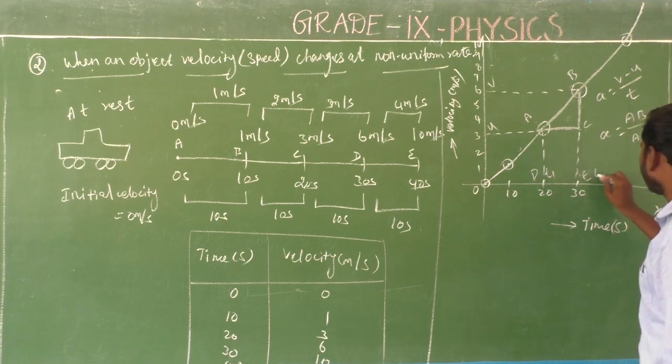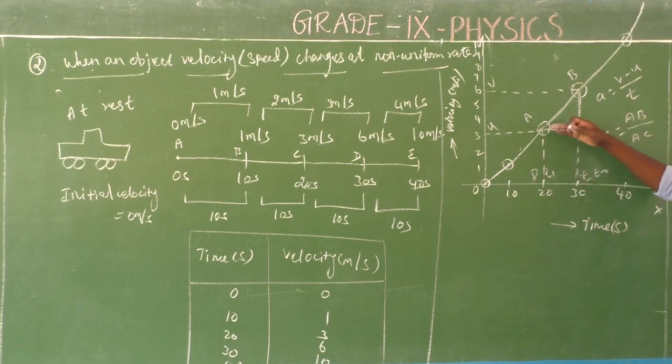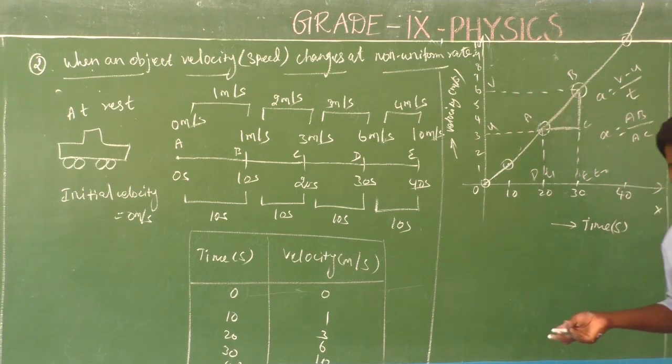AC and DE are both parallel to each other. So if it is 4 cm, that should be 4 cm. If it is 5 cm, that should be 5 cm, because both are parallel. Is it clear? So acceleration is equal to AB, that is velocity, divided by time, AC. That's all.